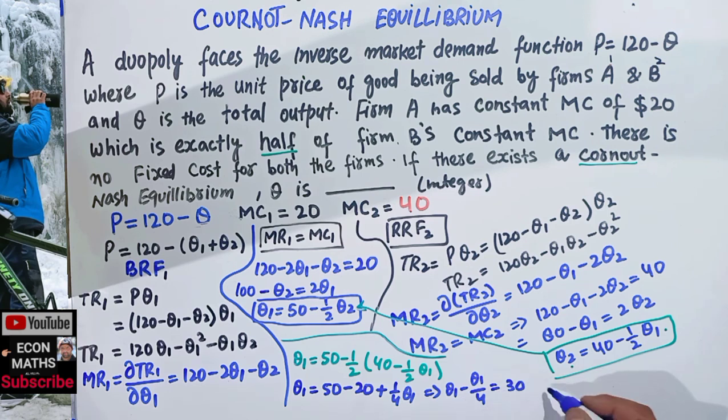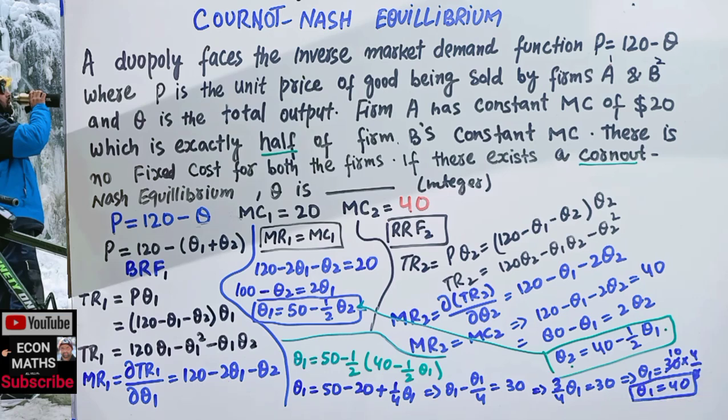So 3/4 Q1 is equal to 30, which implies Q1 will be equal to 30 into 4/3, so 10 fours are 40. Q1 will be equal to 40.